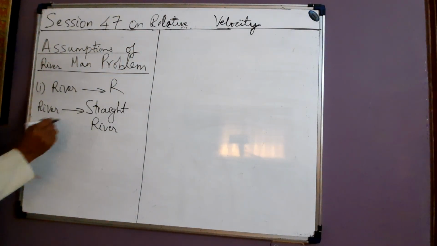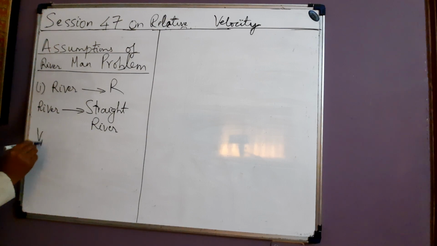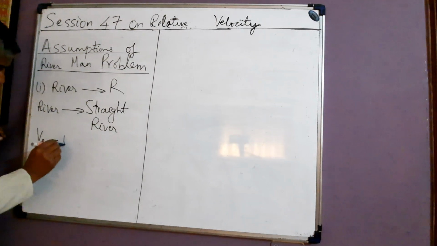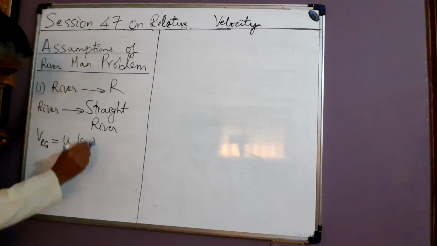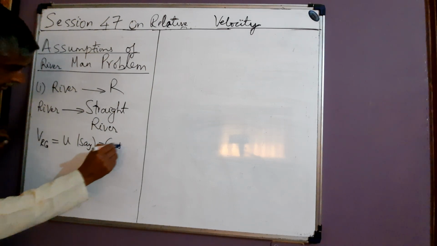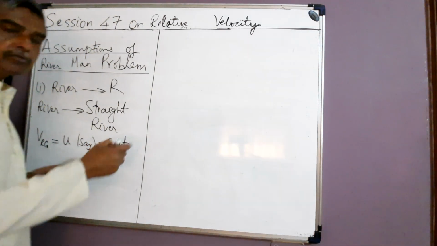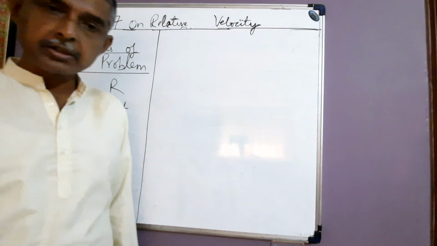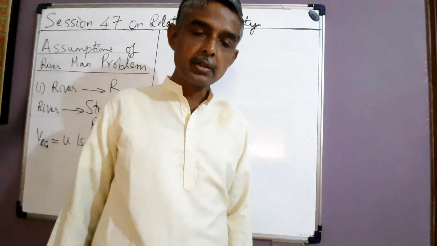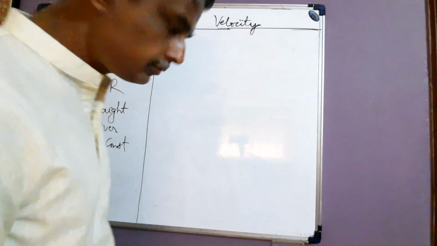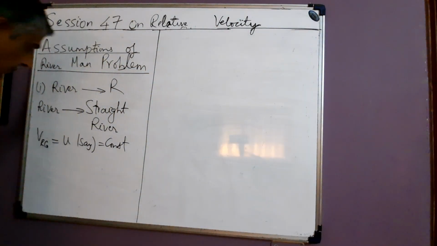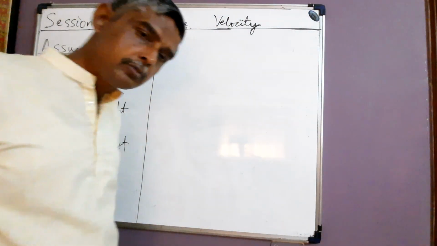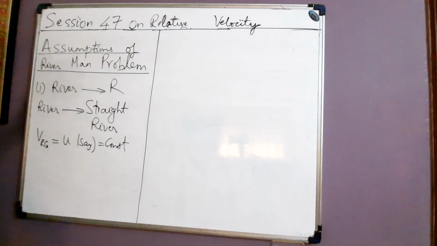So VRG, velocity of river with respect to ground, is equal to U say, that is constant, it doesn't change with time. And at a given instant it is same for all the river particles. All the river particles have the same velocity U with respect to ground.